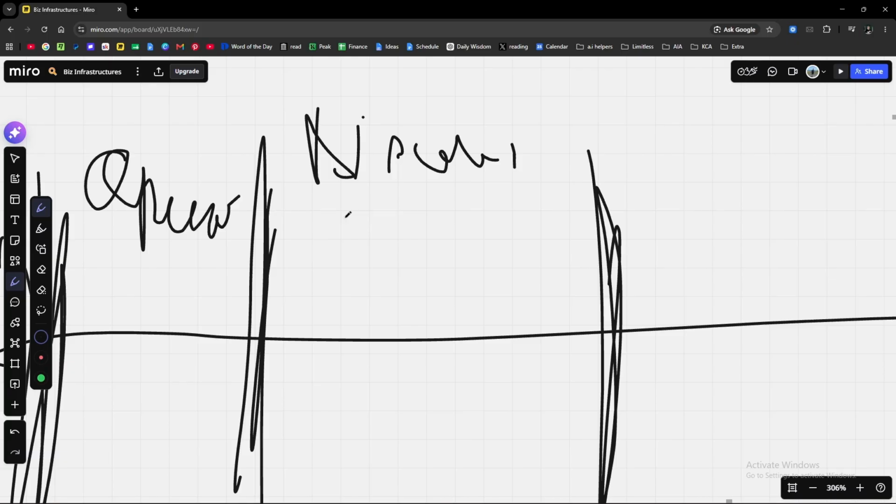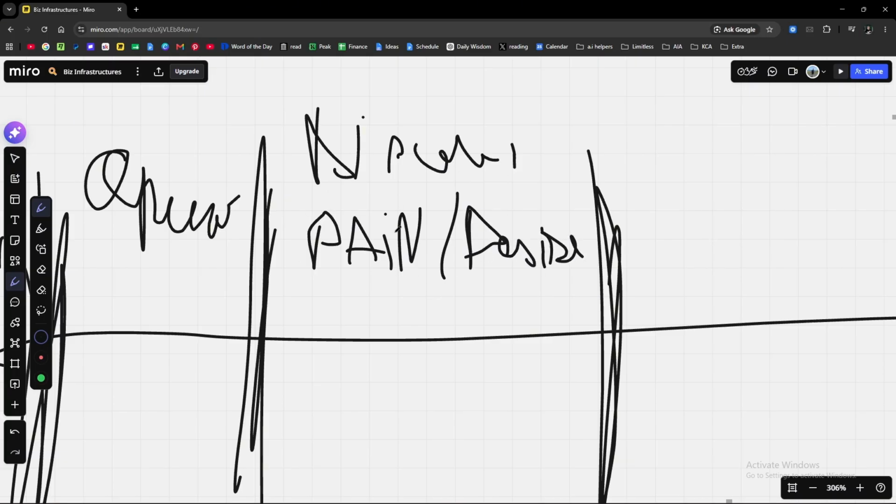So yeah, when it comes to the discovery stuff, you want to make sure that you build enough pain or enough desire, depending on the type of prospect you're speaking to.